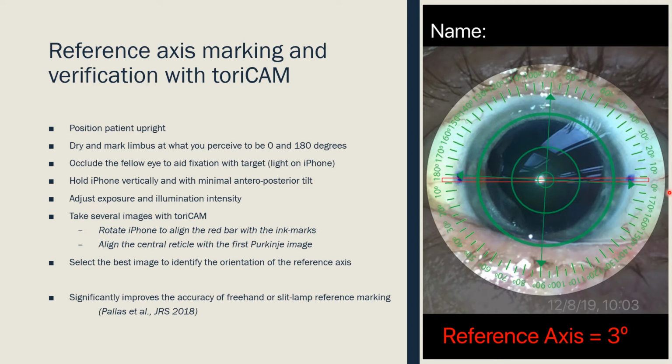So I always take multiple images in which I'm aiming to rotate the phone to align the red bar that you can see here with the ink marks, and also align the central reticle with the first Purkinje image. I then go back and review all the images that I've taken and select the one that best identifies the orientation of the reference axis. And this has been shown to significantly improve the accuracy of freehand or slit lamp reference marking.